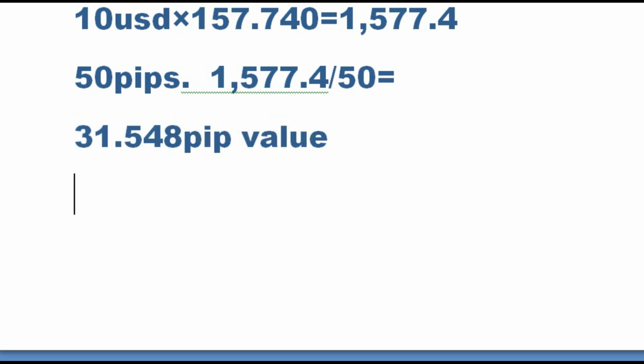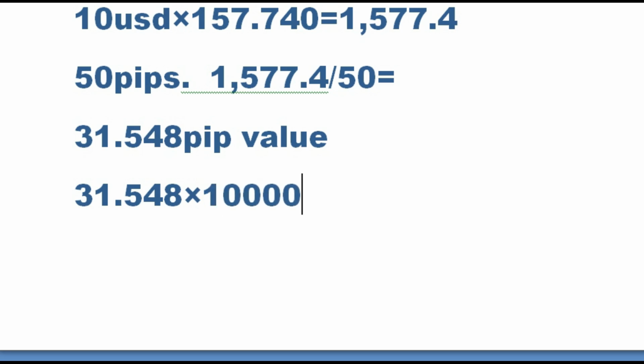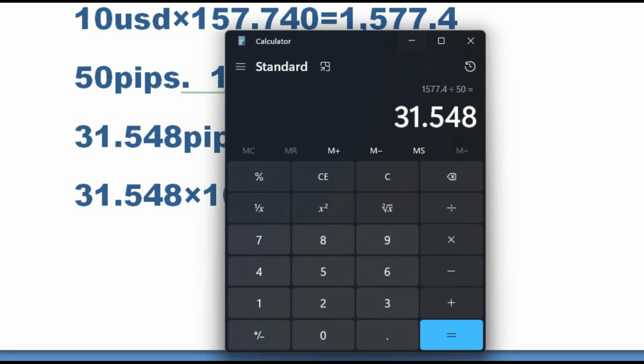Which is 31.548. We multiply that by the known units in the market, which is 10,000, giving us this value.